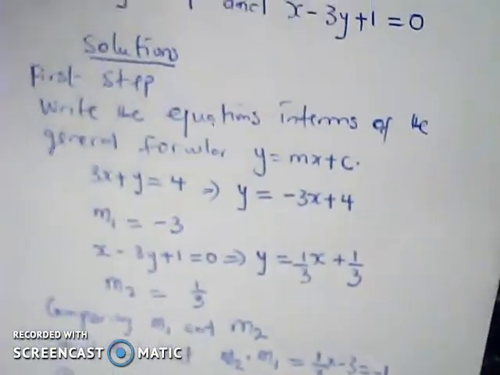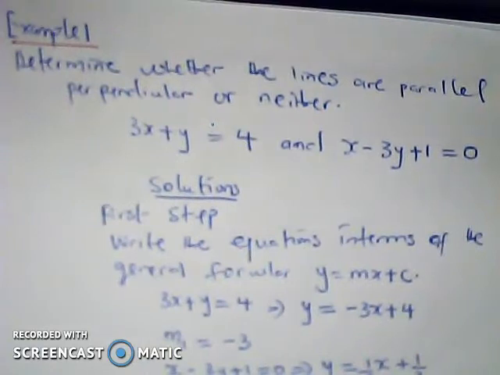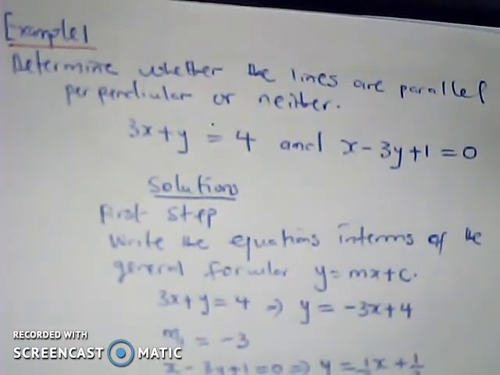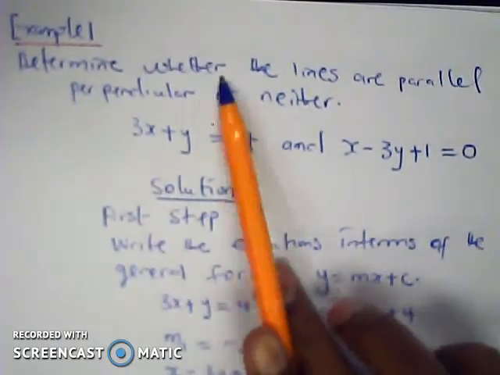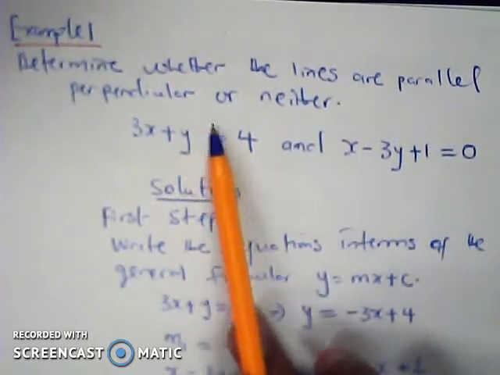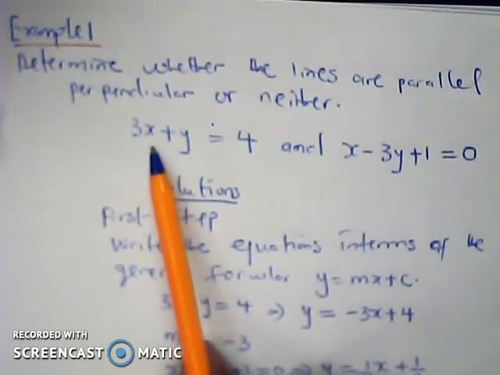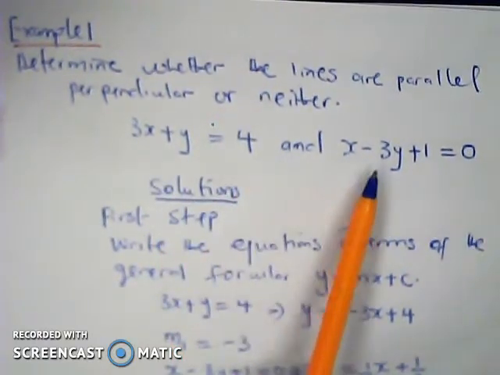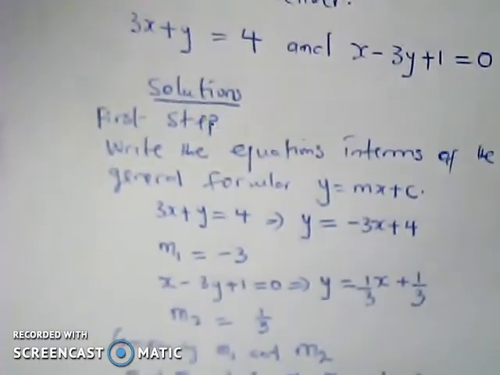Okay, so we look at an example of how to determine whether two lines are parallel or perpendicular. Consider example 1: determine whether the lines are parallel, perpendicular, or neither. We have the first equation, 3x plus y equals 4, and x minus 3y plus 1 equals 0.